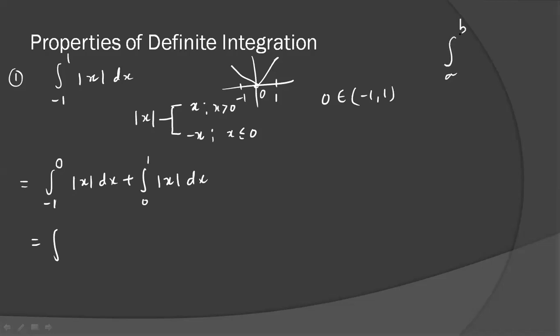If we have integral a to b of f(x) dx, then always remember that x is between a and b here, and the integration of f(x) is defined at a and b. Then it is less than 0, it means the function will pick the value minus x.